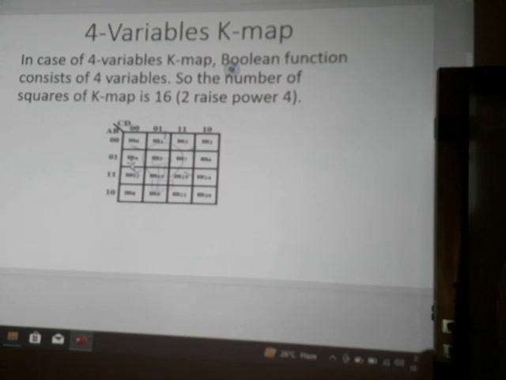And in this way, all the minterms are represented in the different squares. Now, if we take M8, the corresponding code in binary will be 1000, which represents decimal number 8, and that is why this square has M8 minterm.